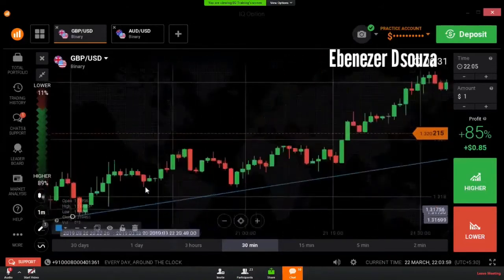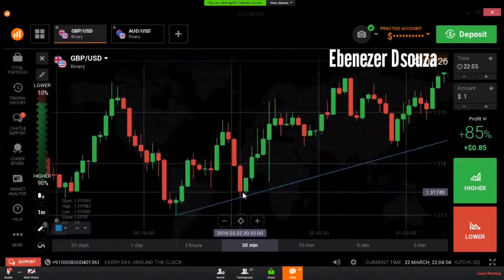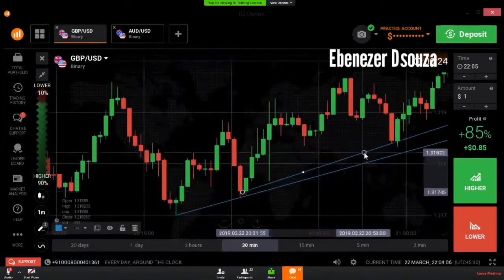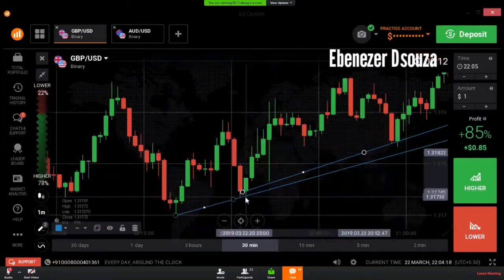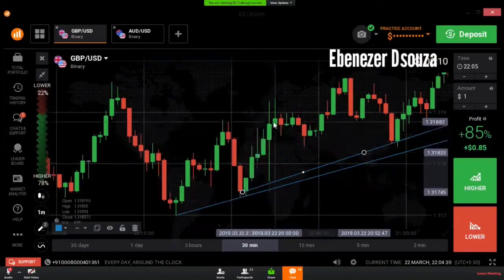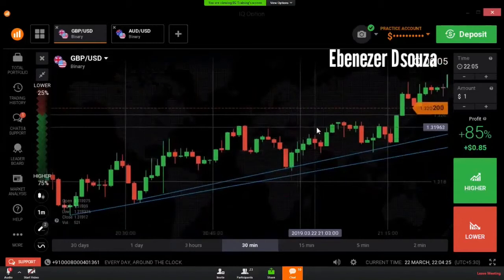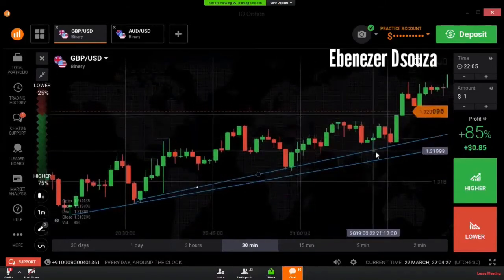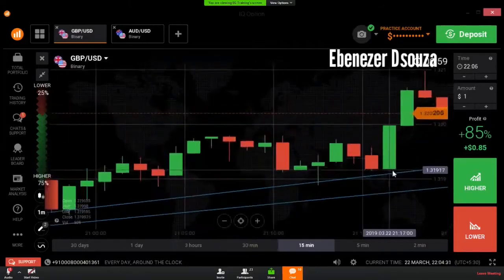Okay, similarly here also. Okay, this is a buyer's area. From this level to this level, we are seeing a buyer's entry. Okay, we are seeing a buyer's entry from this level. Again, we are seeing a buyer's entry from this level. If market comes to this level, again there is a chance to enter buyers.